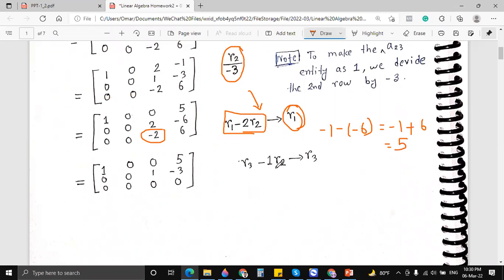So let's do another thing. We have 2 here and we have minus 2 here, right? So if we somehow multiply a minus 1 with the second row, then we can get also minus 2 here, right?